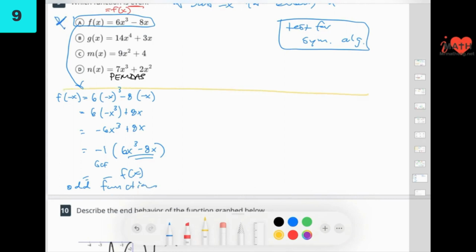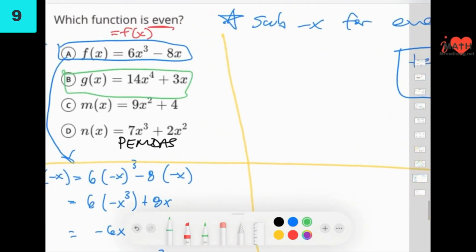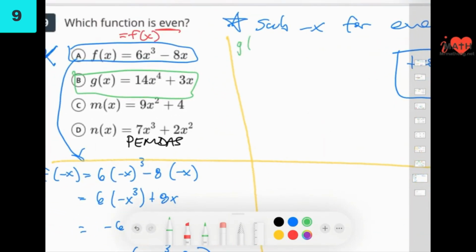Let's try another one. Let's try this one. Oops, I wanted to use green. Let's try g of x. So now, g of x, we're going to put in -x.